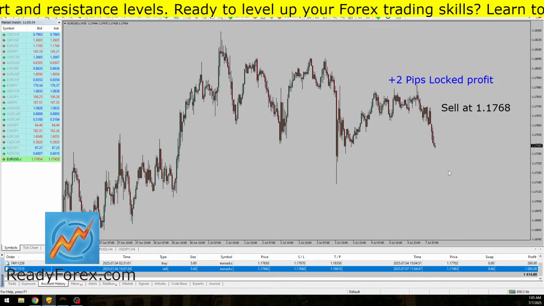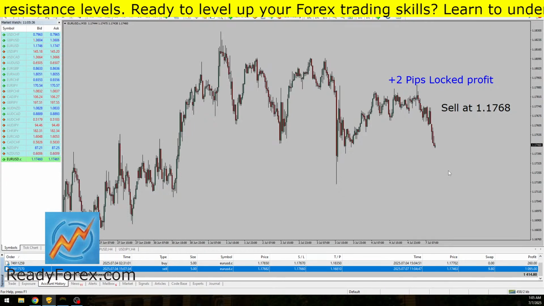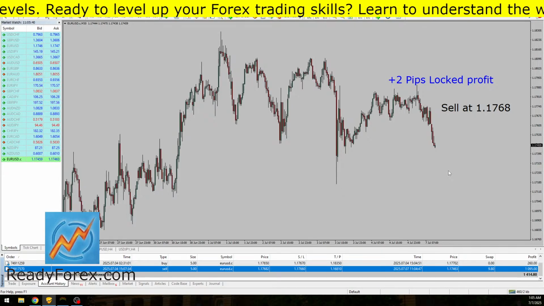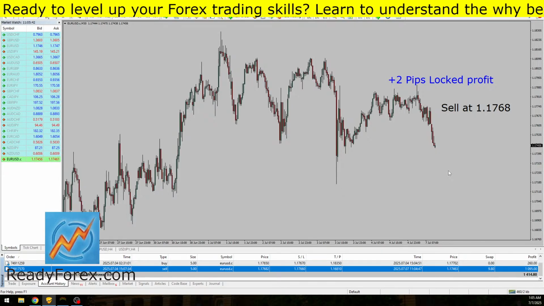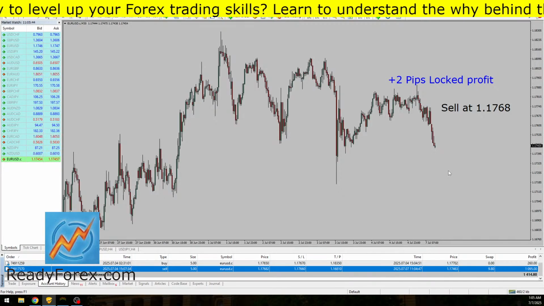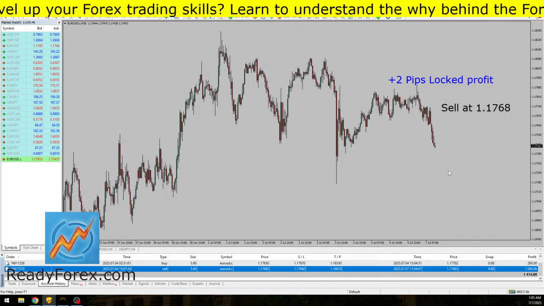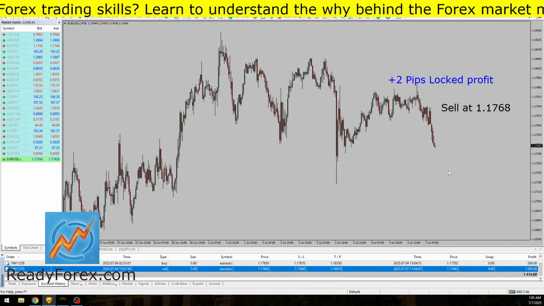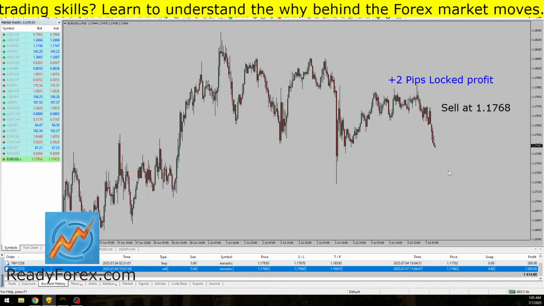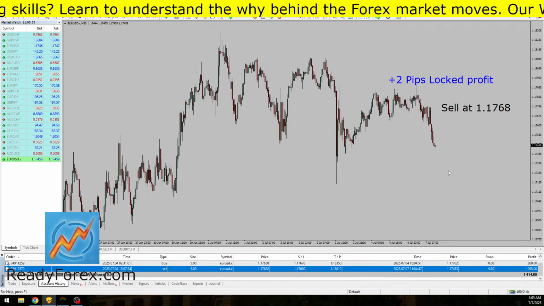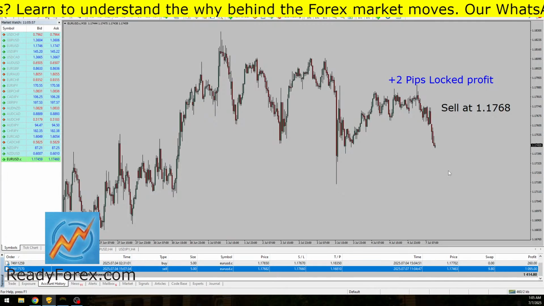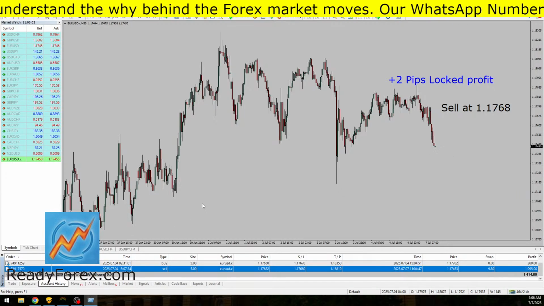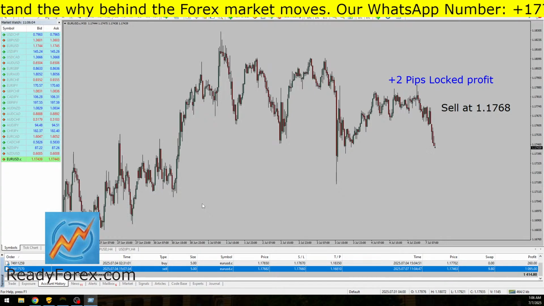Close the EURUSD sell trade at the current market price with a profit of how much? Where's the calculator? Let's see.